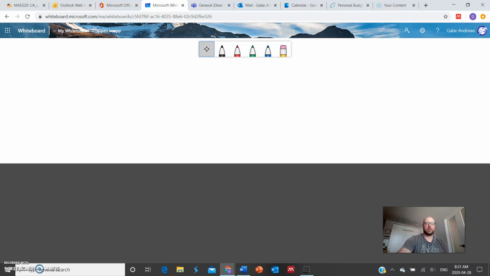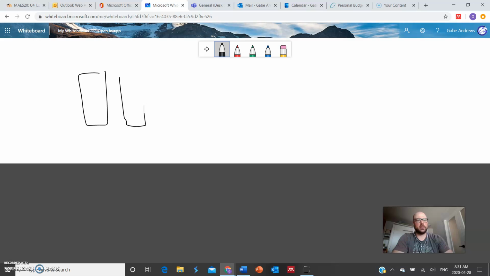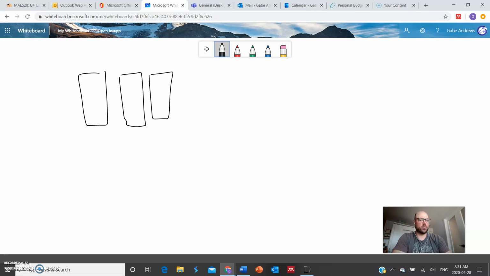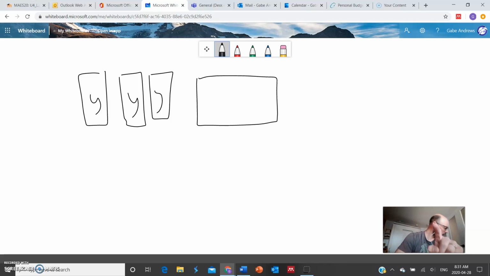So we're going to model a division question. If we had something like this, this might take me a few minutes to draw, but if we had these 3 tiles, and they were labeled as y's, and then we had this one here, and this was a negative xy.